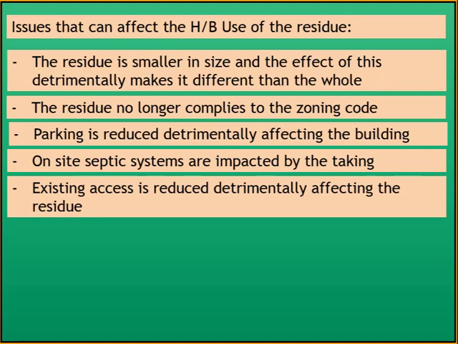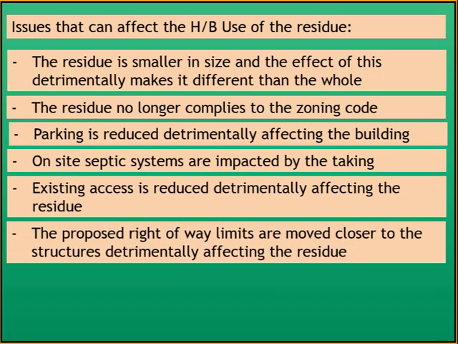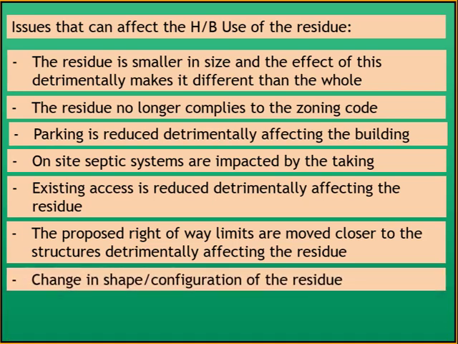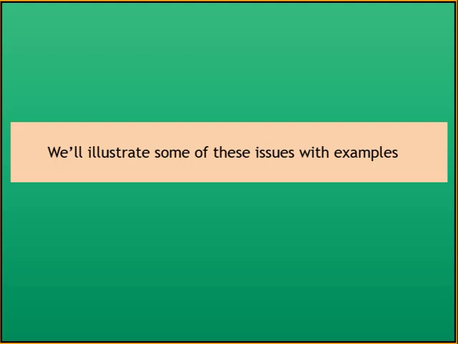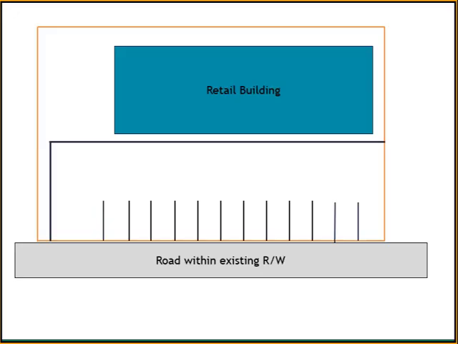Existing access is reduced, detrimentally affecting the residue property. The proposed right-of-way limits are moved closer to the structures, detrimentally affecting the residue. There's a change in shape or configuration of the residue. We're going to illustrate some of these issues with some examples.